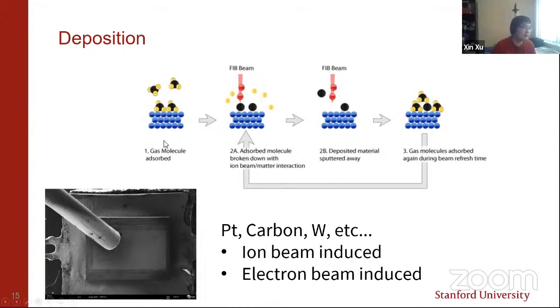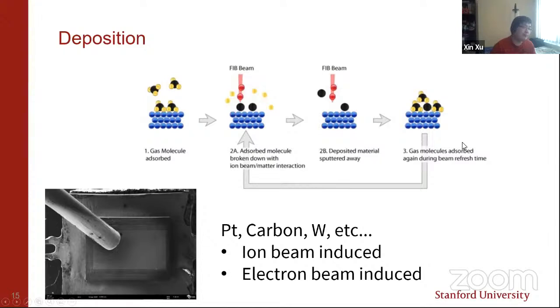This precursor, basically gas molecules, will accumulate above your sample surface. Once this precursor interacts with the ion beam or electron beam, it will decompose into pure metals such as platinum, tungsten, or carbon.